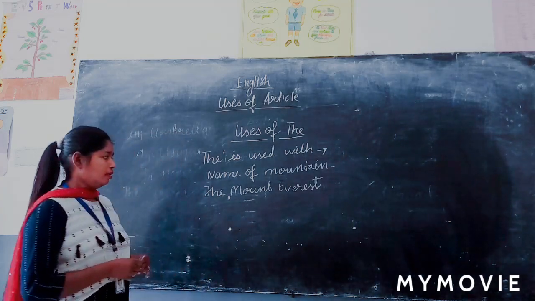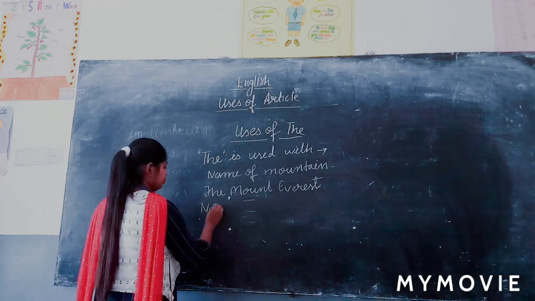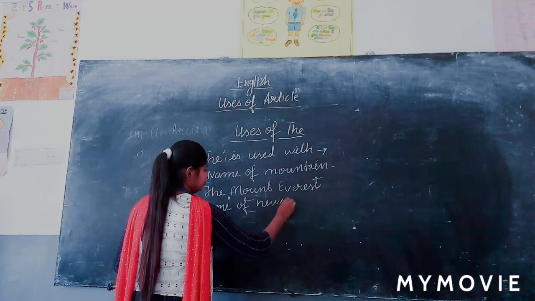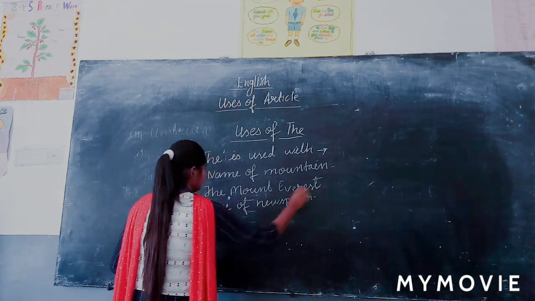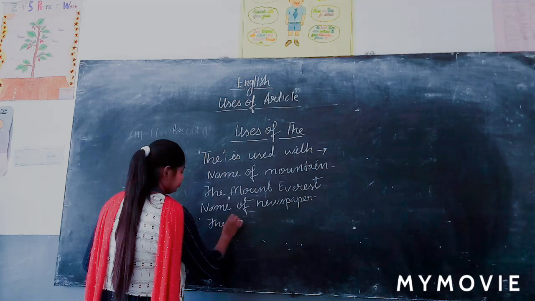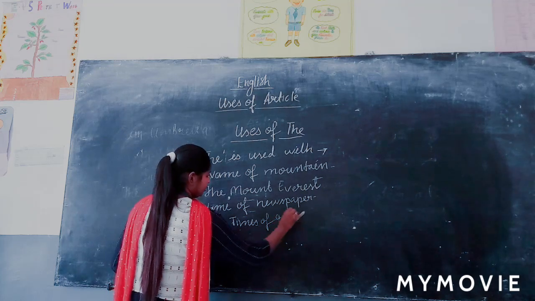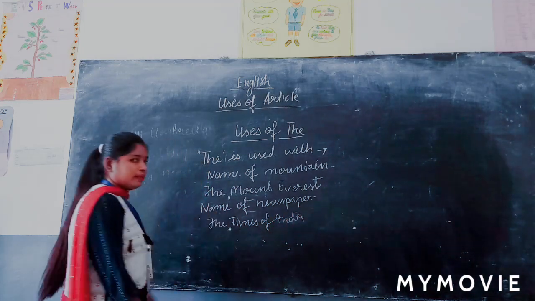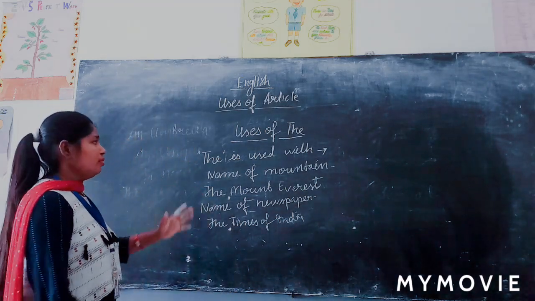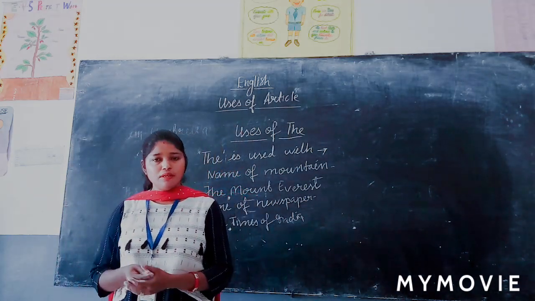You can also use the with the name of a newspaper, for example, the Times of India, the Dainik Jagran, etc. Okay, now these are the uses of when to use and when not to use the.